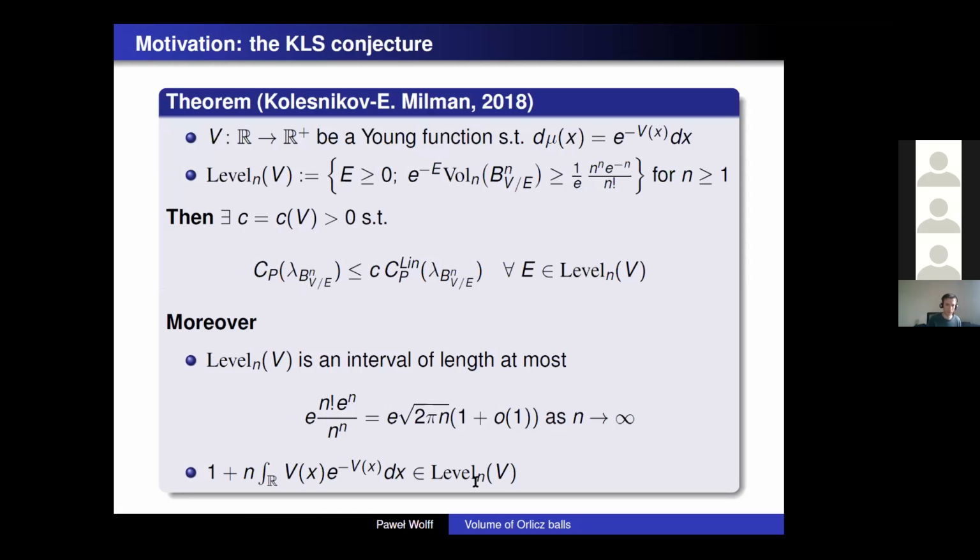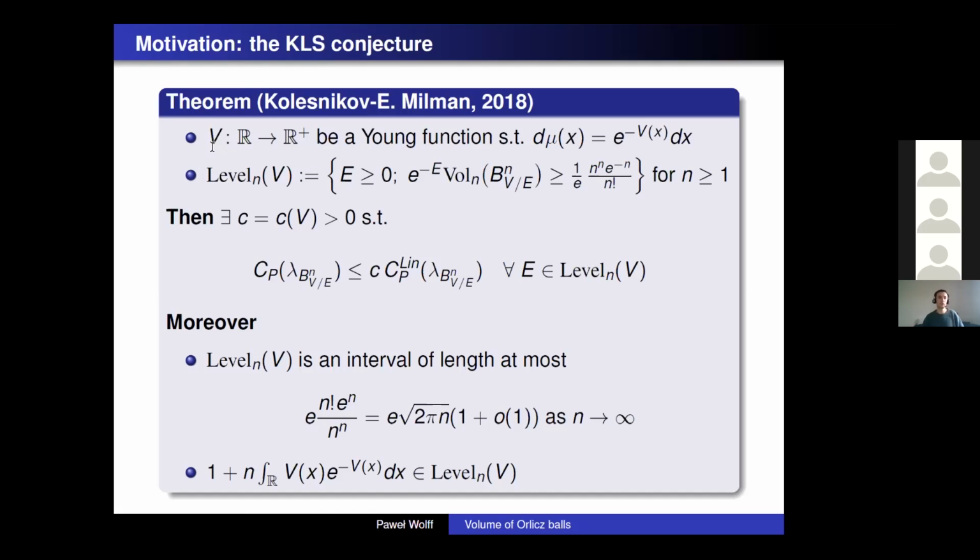This is simplified, maybe not so precise, and definitely not as general as the result they had, but basically it shows the essence. As I've said, they consider generalized Orlicz balls here. I'm restricted just to the simple ones.